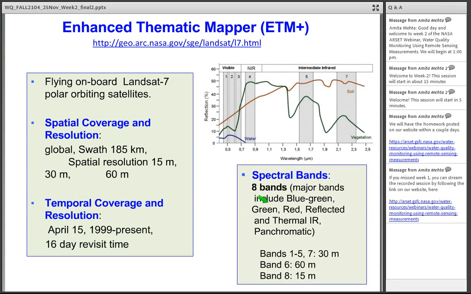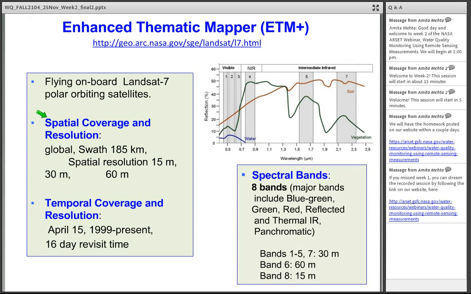So these are all useful for water monitoring as shown here. Reflectance signatures in different Landsat bands are from soil and from land, and here is the part where it is sensitive to water quality. So these are the spectral bands used for monitoring water quality.